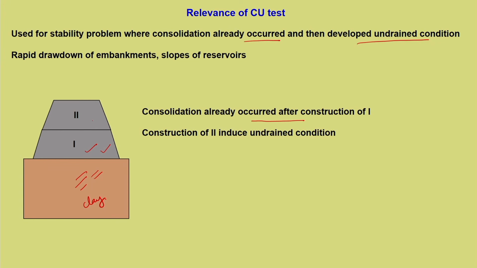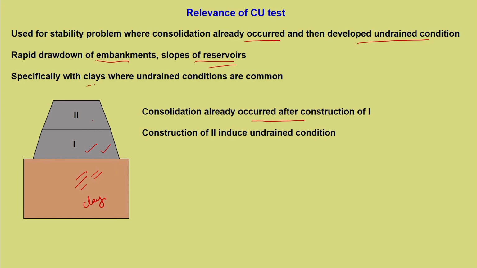Some other conditions are rapid drawdown of embankments and slopes of reservoirs. When there is full water and then a rapid drawdown happens, that induces more effective stress, and this additional effective stress is going to cause an undrained condition within the core of the dam. I am not going into the details of it.